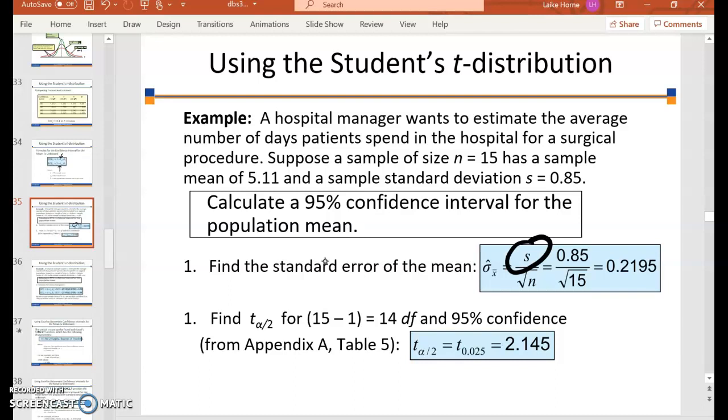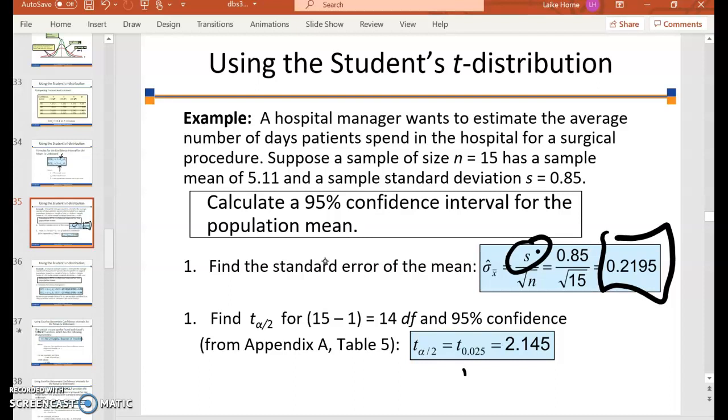It's just a sample standard deviation because we don't have the population standard deviation. So you're still going to get your standard error of the mean. You're just using S.